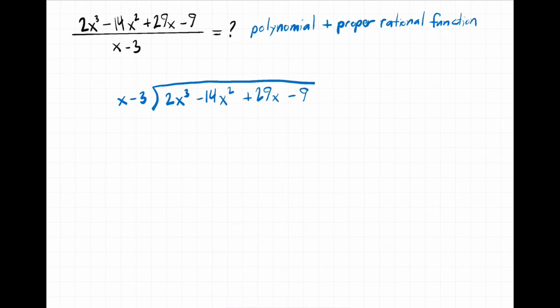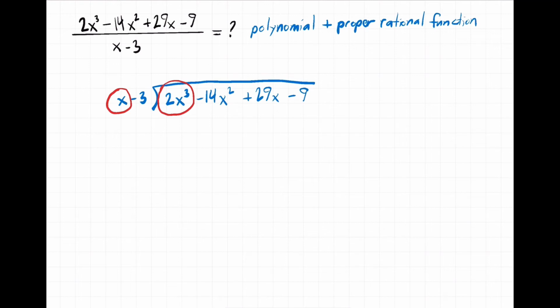So let's get started. When you're doing polynomial long division, what you should do is look at the highest degree term that remains in your dividend, right here, 2x cubed, and look at the highest degree term that is in your divisor, in this case, x. The question is, how many times does x go into 2x cubed?